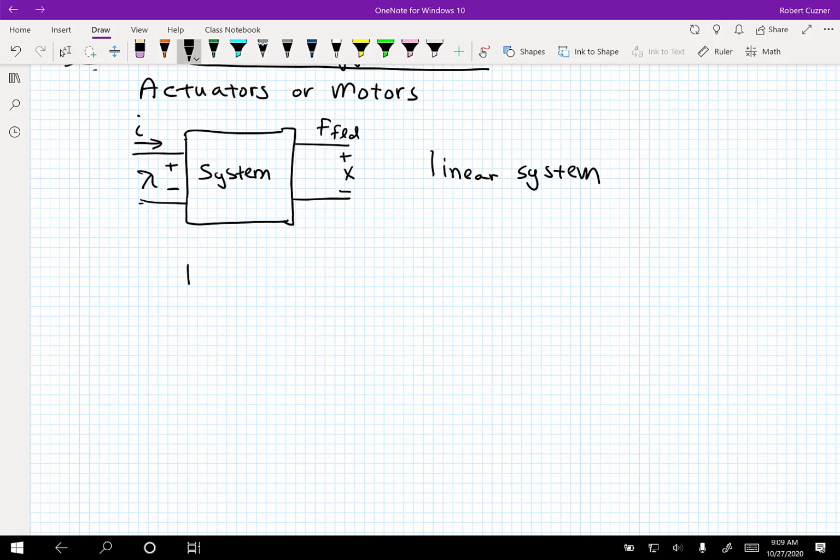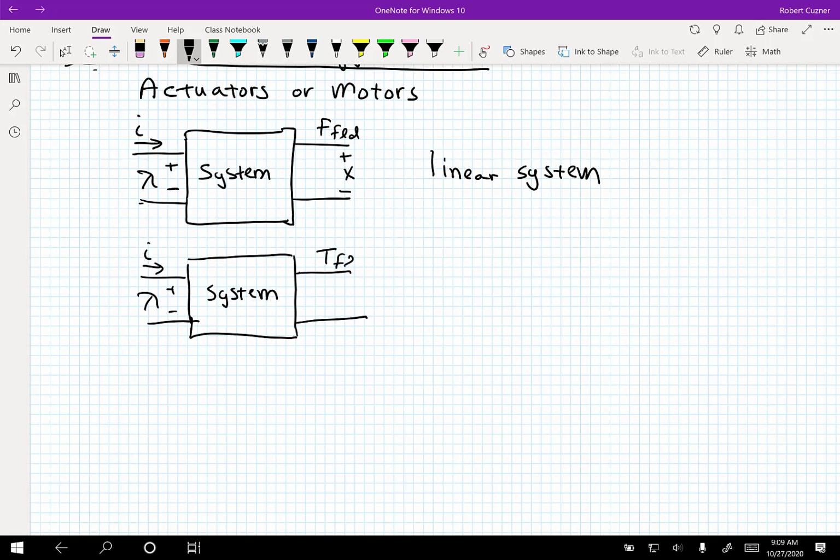I could similarly have a rotational system, and I would put in a current and a flux, but I would get a torque due to the field of the flux and an angular position theta. So we'll call this a rotational system.